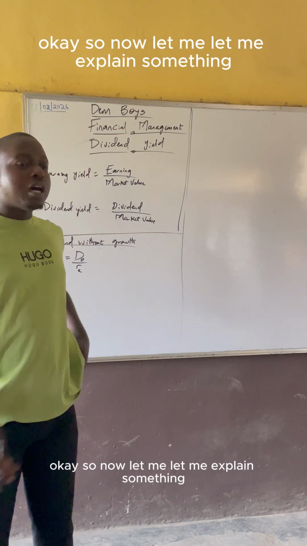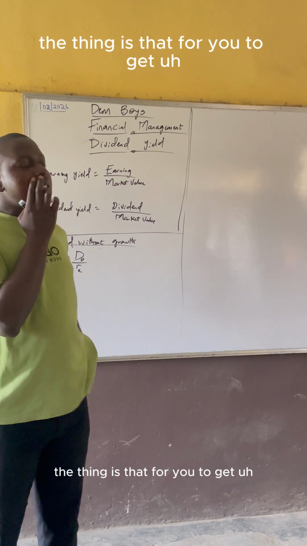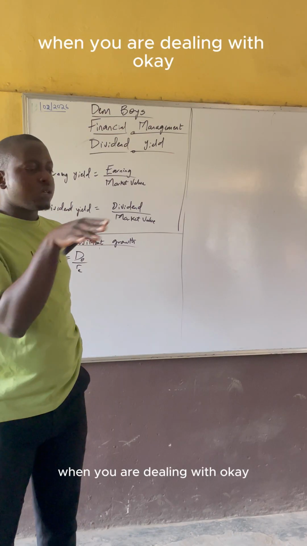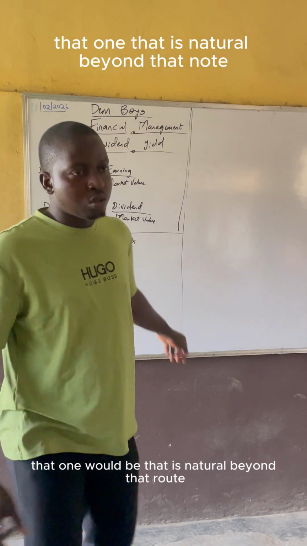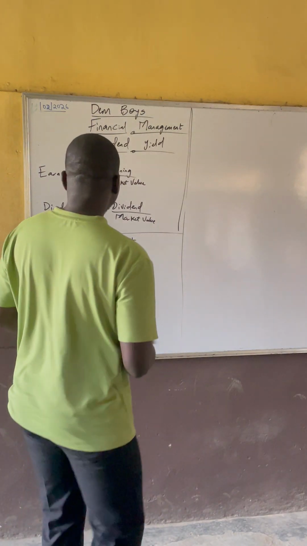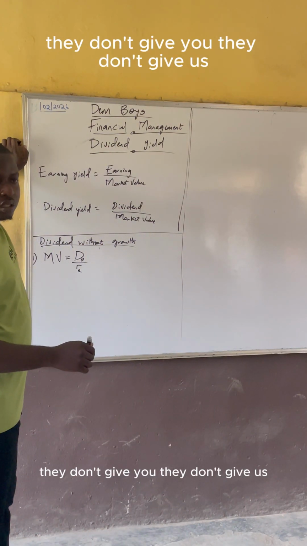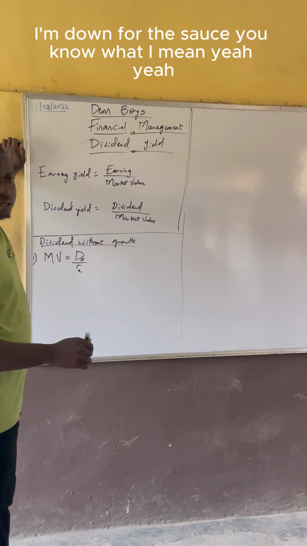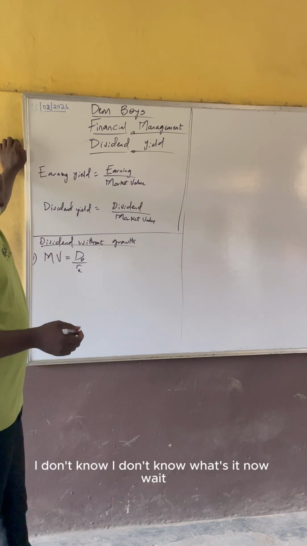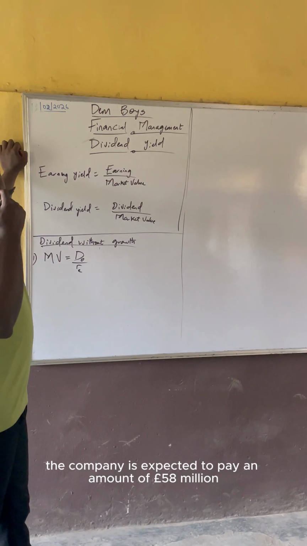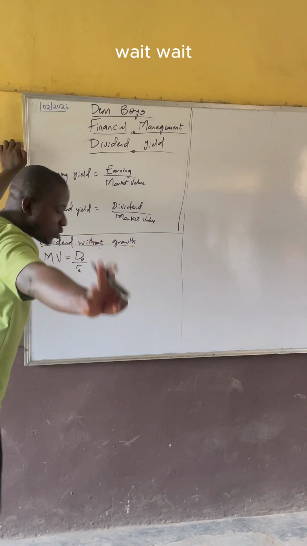Let me explain something: the explanation will be under growth. Read the question. A company is expected to pay a normal dividend of 48 naira per share.